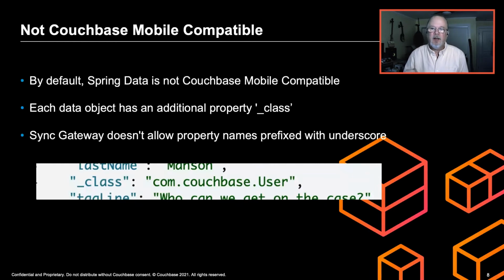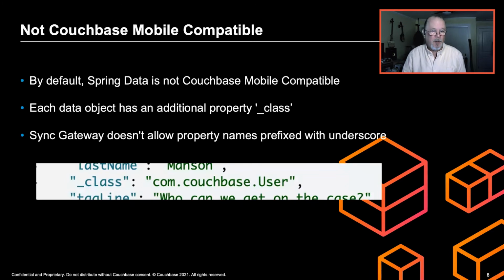Second, it is used by Spring Data for knowing what data class to instantiate in your Java application for serializing and deserializing the JSON document into your POJOs. And why is this a problem with Couchbase Mobile? It's because Sync Gateway doesn't allow property names prefixed with an _ character.